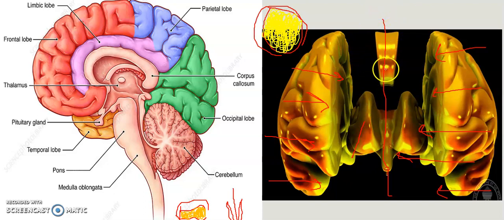When these two hemispheres are taken close and the thalamus is deposited inside, the whole brain can be seen.